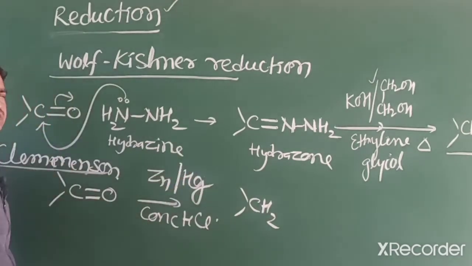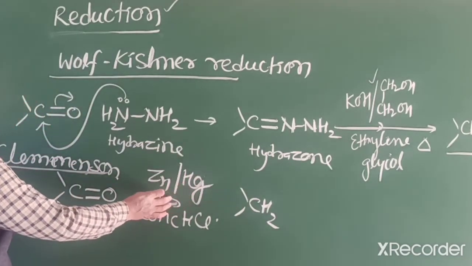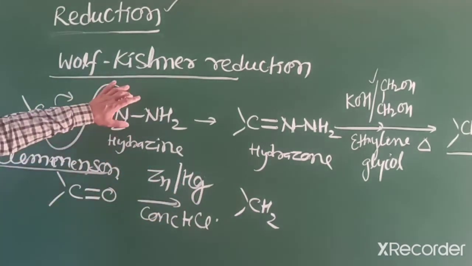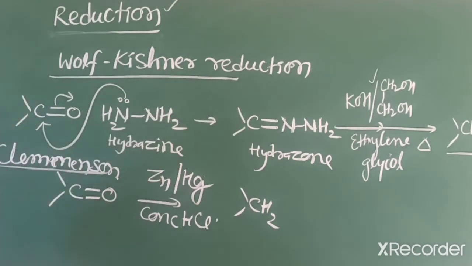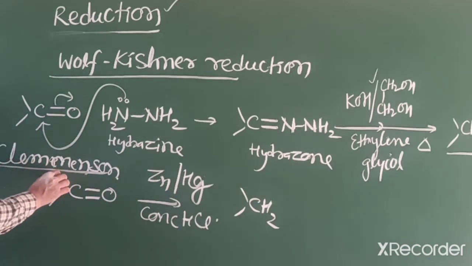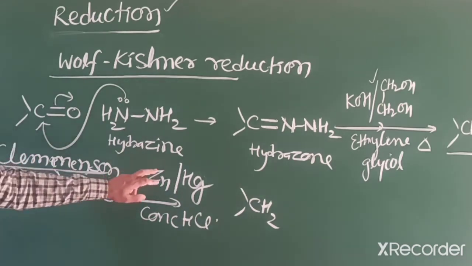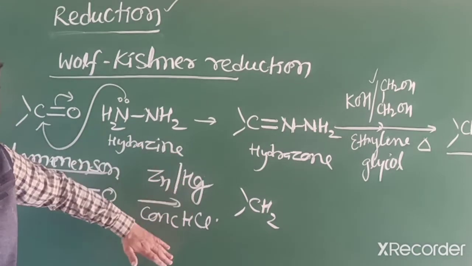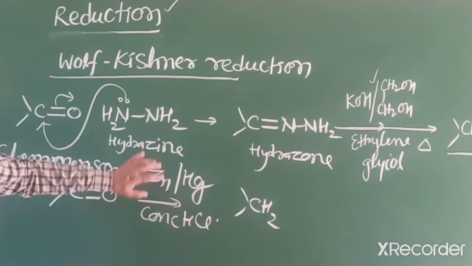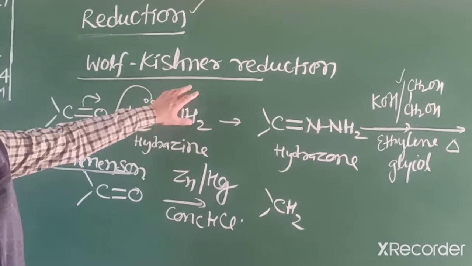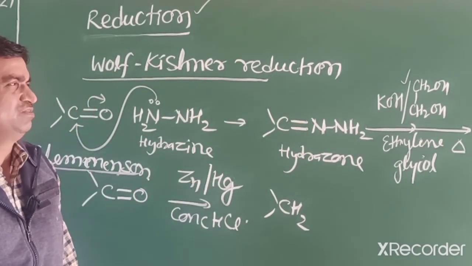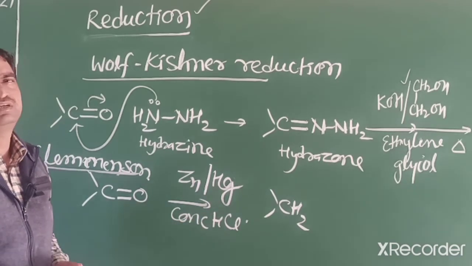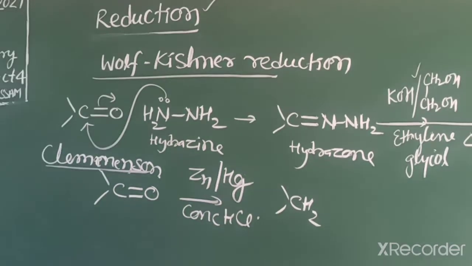The amalgam is slightly poisonous, so we can prepare the hydrazone and then change it further using KOH and ethylene glycol, but we can use it for different conversions. So remember these reagents: zinc amalgam and concentrated HCl in Clemmensen reduction, and hydrazine and KOH or NaOH in ethylene glycol. In this way we can convert carbonyls into hydrocarbons.